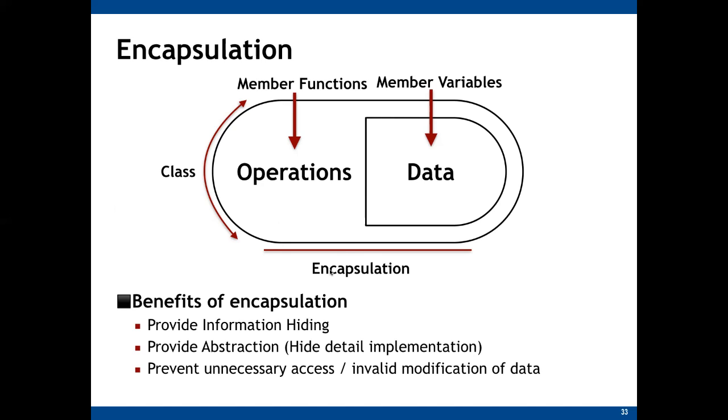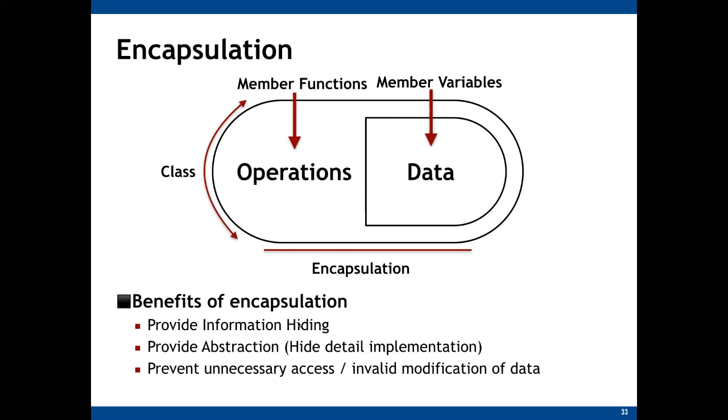This means that the member variables, or data, can only be referenced inside the class, not from outside of the class. This will hide the information or data from the programmer who uses the class. That is information hiding.